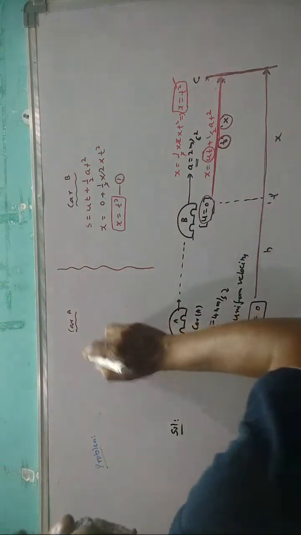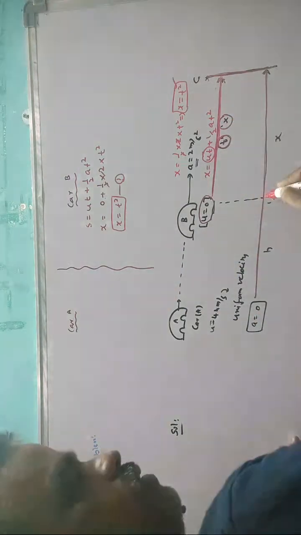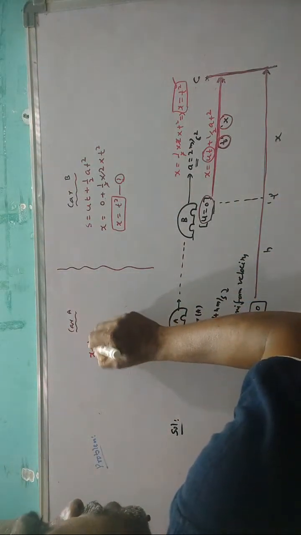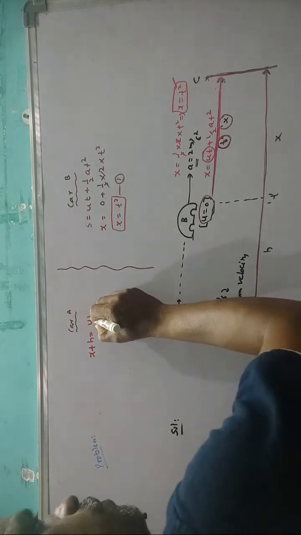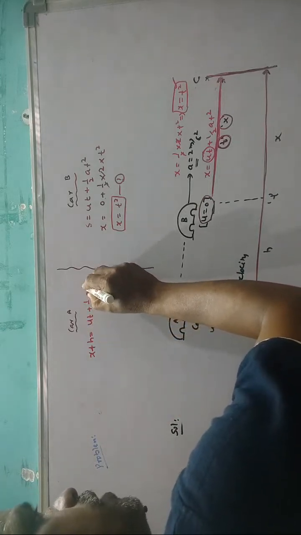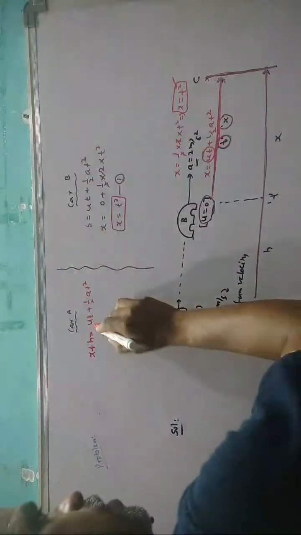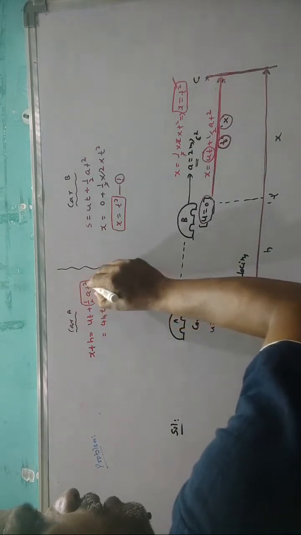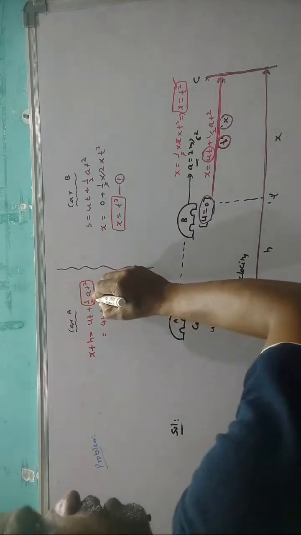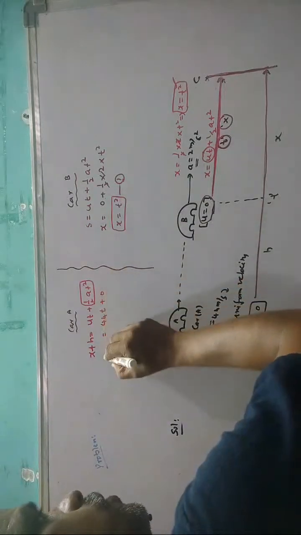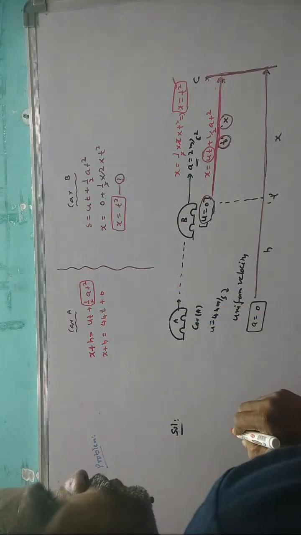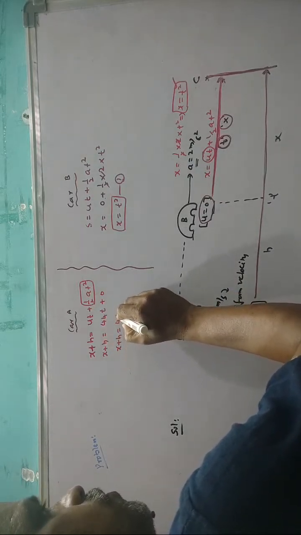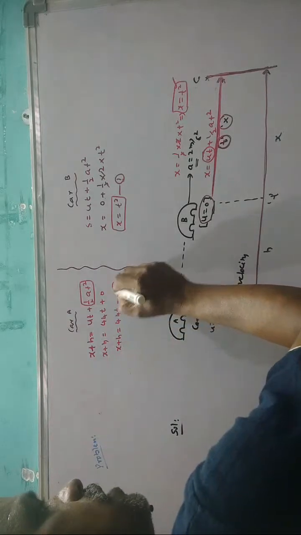Up to here it is x, so it has to travel x plus h. ut plus half at square, here u is 44 and acceleration for car A is 0, so x plus h equal to 44t. This is the second equation.